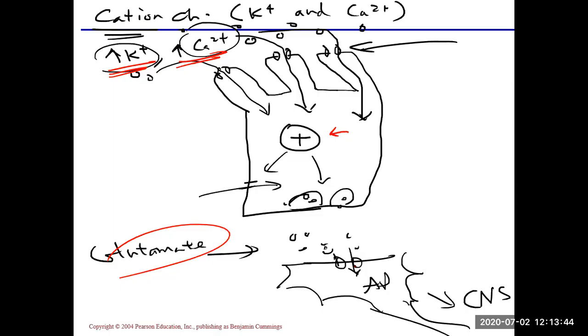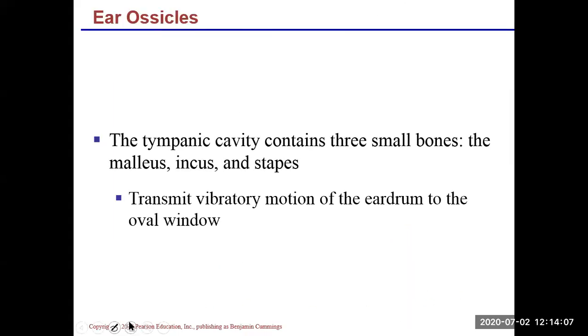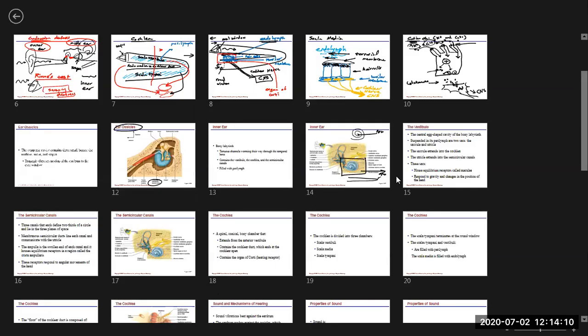The rest of the story is the same. In other words, calcium goes in, causing exocytosis, and the neurotransmitter binds to the ligand-gated channels, more ions going in, possibly sodium and calcium, causing depolarization, and the action potential is going to fire, and this information is going to reach the central nervous system.